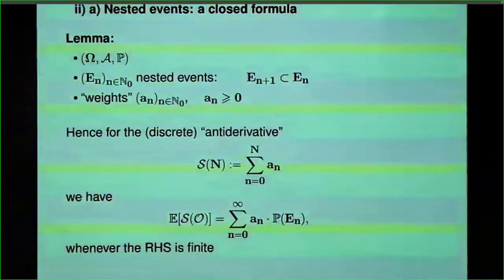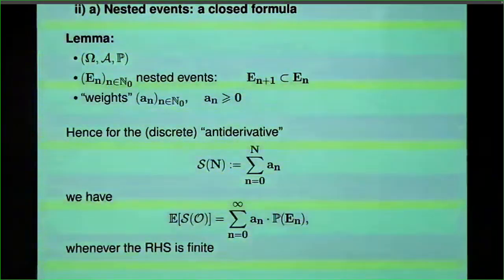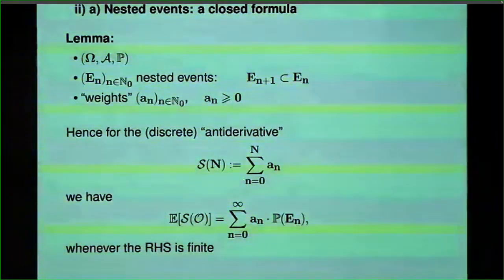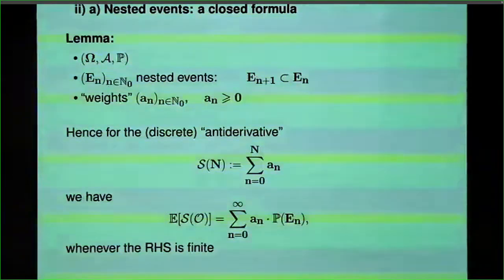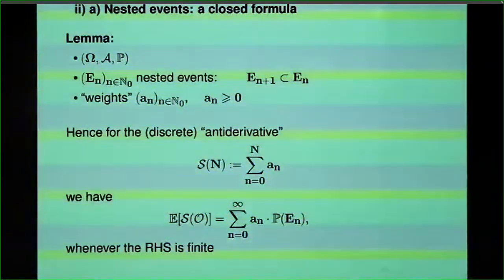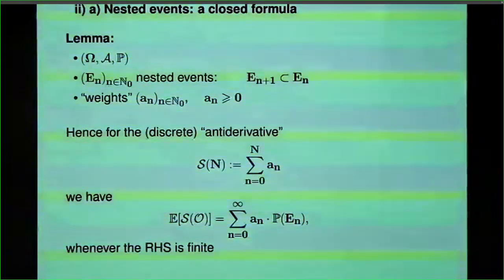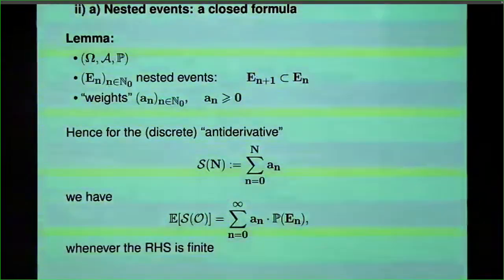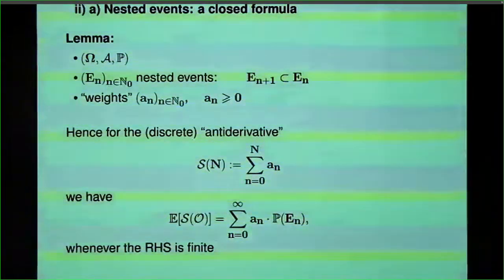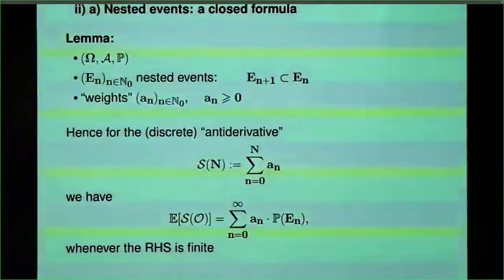And the good thing is that we can write down the moments of order S just in terms of the weighted sum of the probabilities. So, remember, before we only had the summability, now we can introduce some weight. And what we gain in case of having ENs which are nested is that we have a precise formula for higher moments.